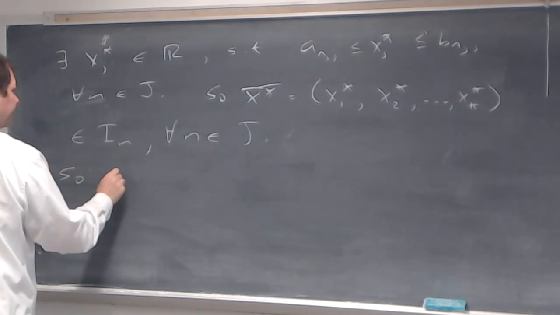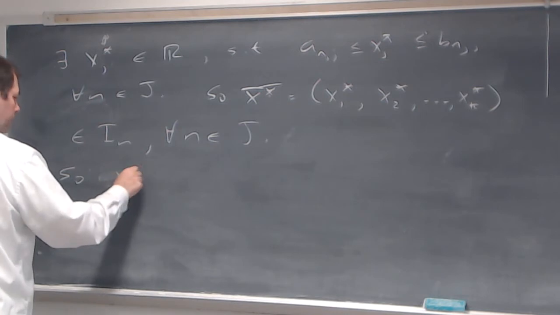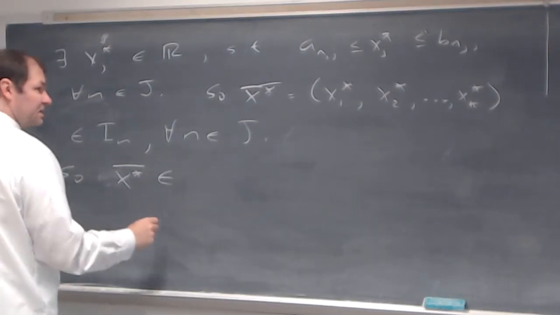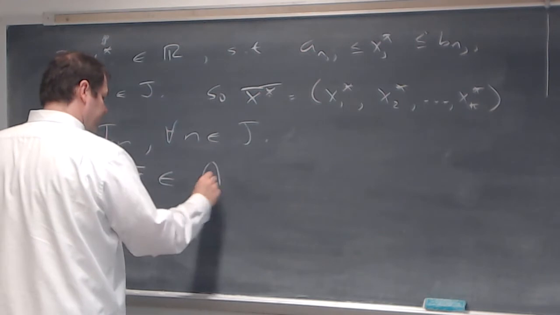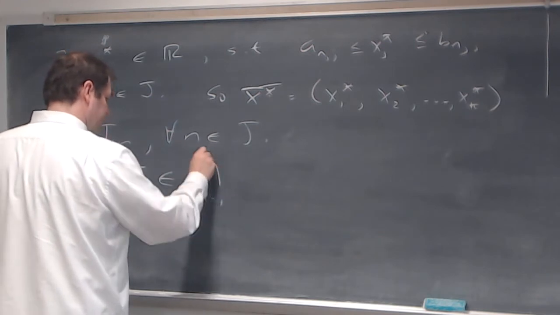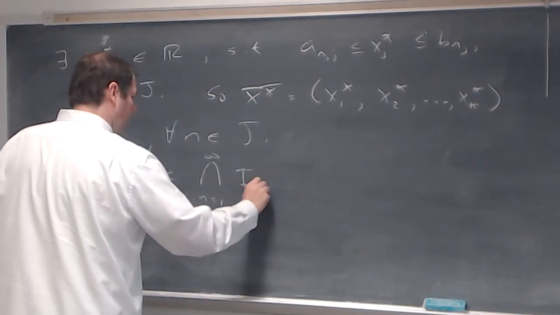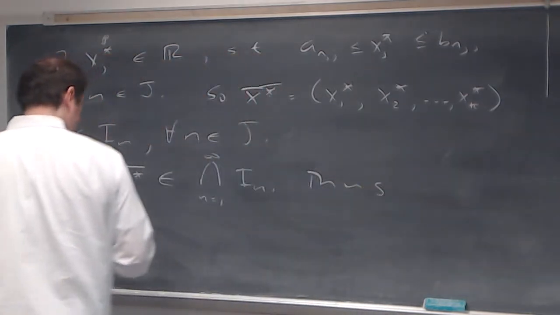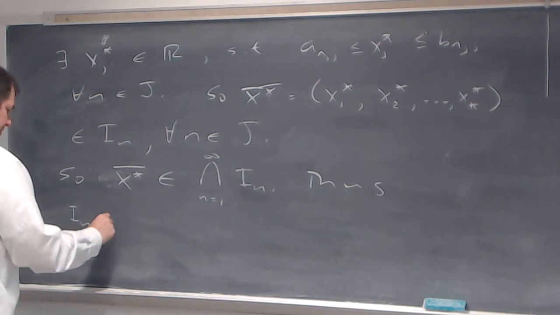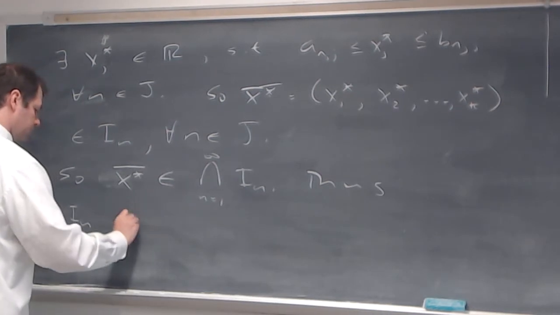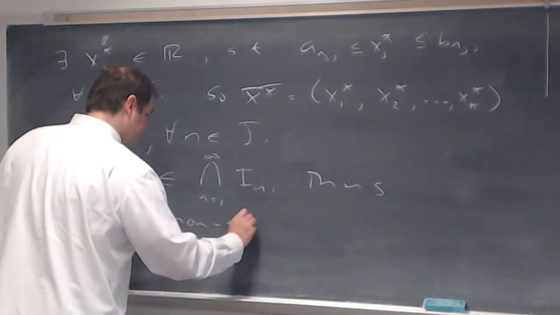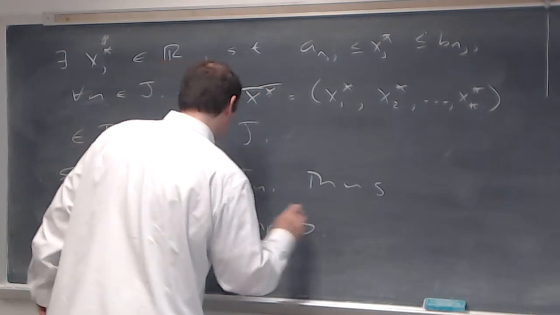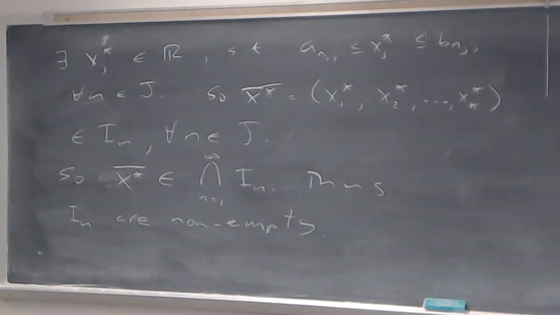So that means x bar star is an element of the intersection, as n runs from 1 to infinity, of the I sub n's. Thus, the intersection of the I sub n's is non-empty. That concludes that proof.